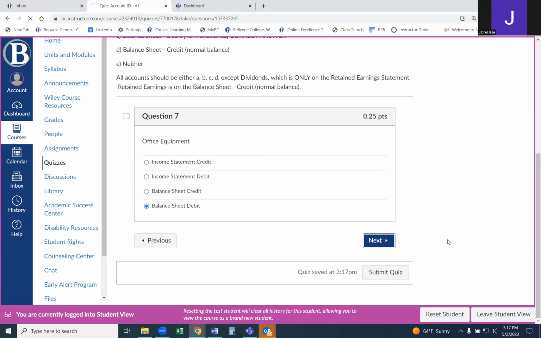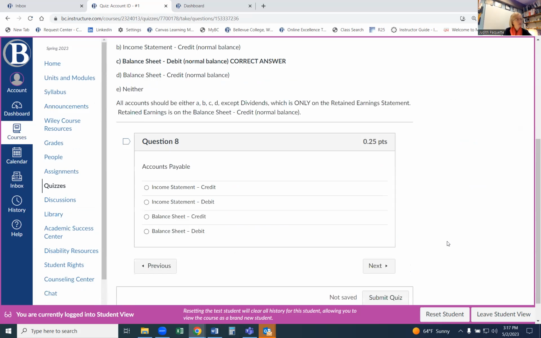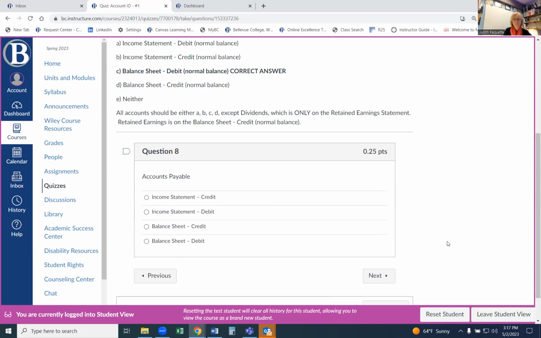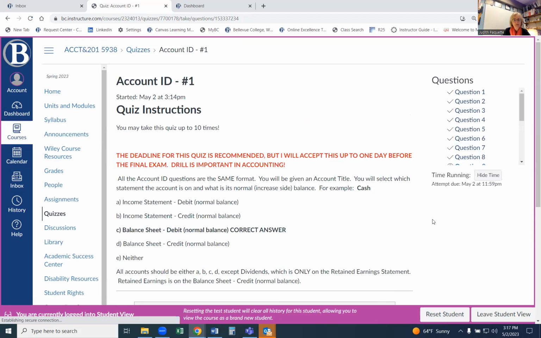Okay. And Rowan, accounts payable. I think she's having sound issues. Talia, accounts payable. It's a liability, so it would be a balance sheet credit, I believe.